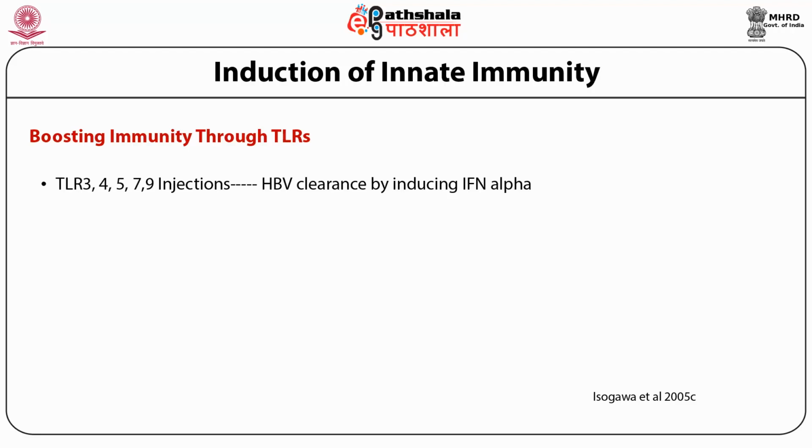However, if the TLRs or innate immunity is decreased or diminished, we have to lift up the TLR expression by giving agonists to clear that virus. We are again taking the example of hepatitis B virus, which can be cleared by injection of TLR 3, 4, 5, 7, 9 agonists, which induce interferon alpha production.